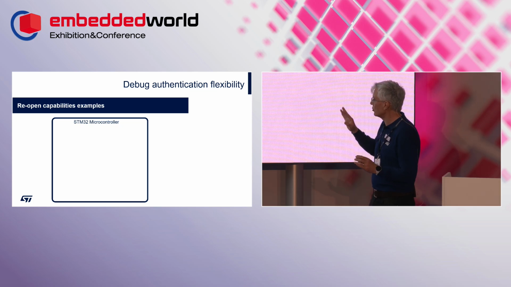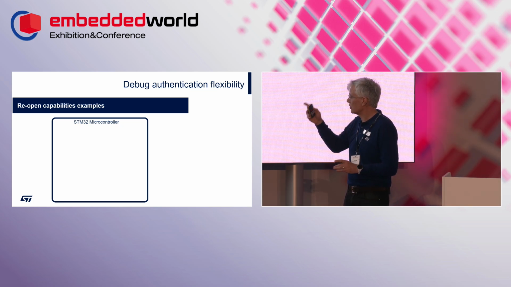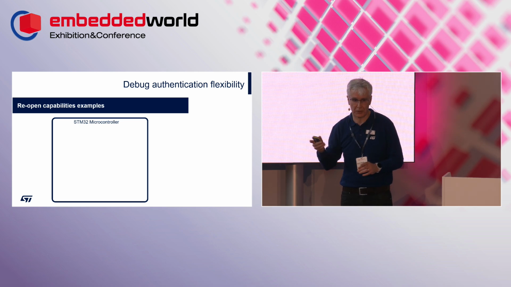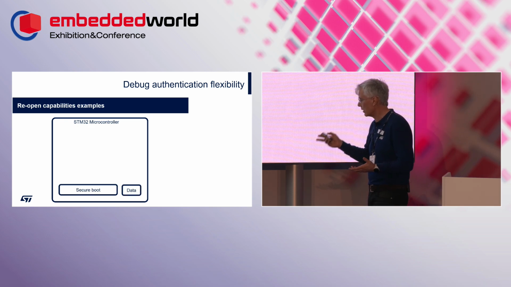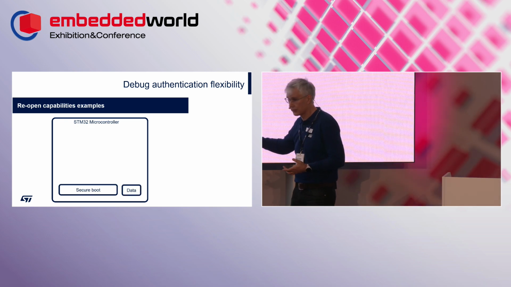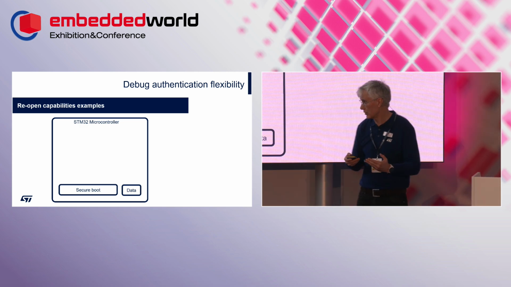Here I will show you what represents the content of a firmware of the STM32 microcontroller, a typical secure application. So you have a secure boot with the keys for the secure boot, the data. So you boot on your secure boot.